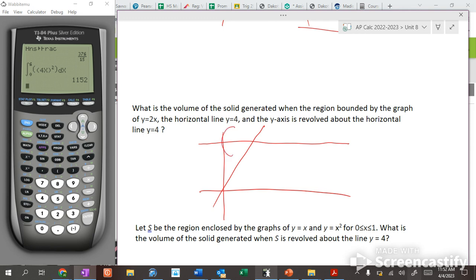So we're revolving around this line. Okay? Washer or disk method? Still the disk method because we're solid up until the line that we're revolving around. So it's pi r squared. Now, this line is what I'm working with. So 2x is what I'm working with. So it's 2x squared.